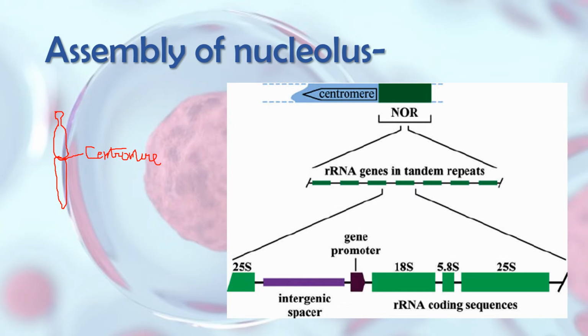And suppose this particular stretch of DNA is our NOR. In this nucleolar organizer region, we have a grouping of genes arranged in this fashion.